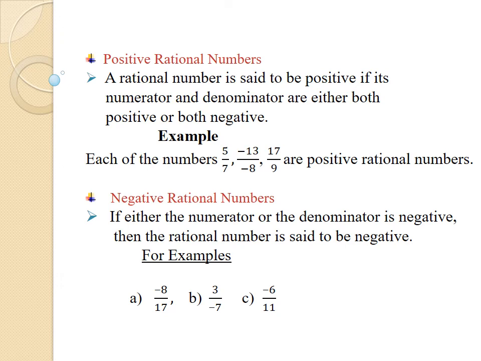Example b, 3 upon minus 7 is also a negative rational number as numerator and denominator have opposite signs, where numerator is positive whereas denominator is negative. Example c, minus 6 upon 11 is a negative rational number where numerator is negative and denominator is positive.